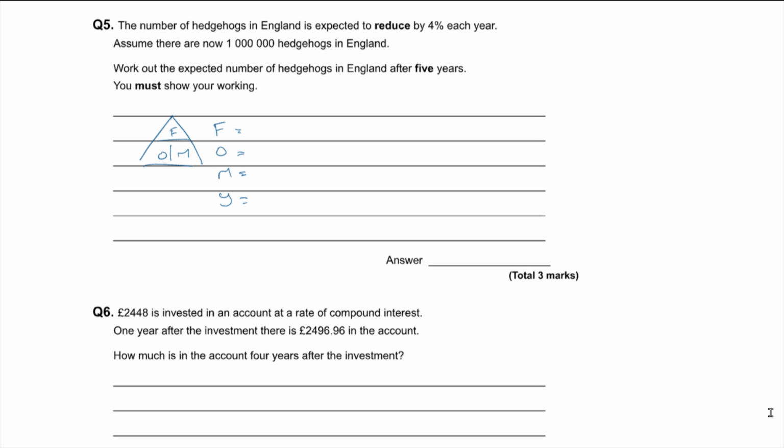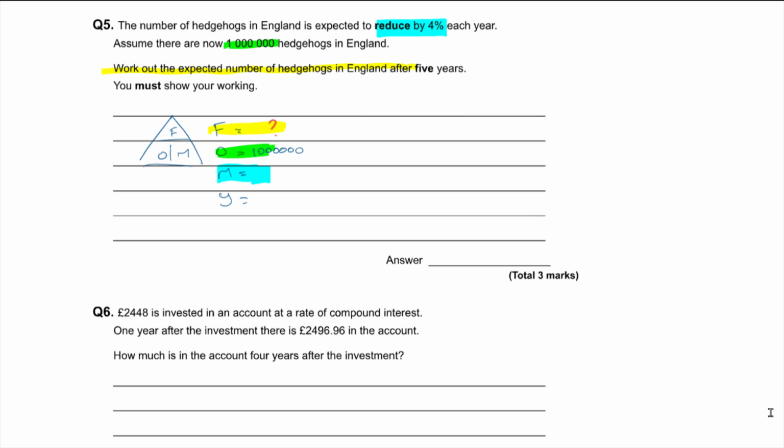Right, so the final, that's what we're trying to find, isn't it? Work out the expected number of hedgehogs. So that's the thing that we want to find. Then the original, what's the original? We're starting with 1 million hedgehogs. It's actually not a lot of hedgehogs if you think about it. And then the multiplier, what's that? That's going to be a reduction of 4% each year.